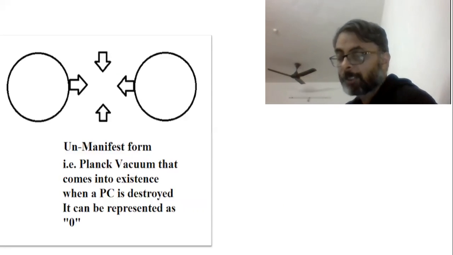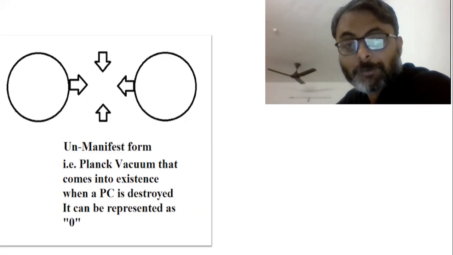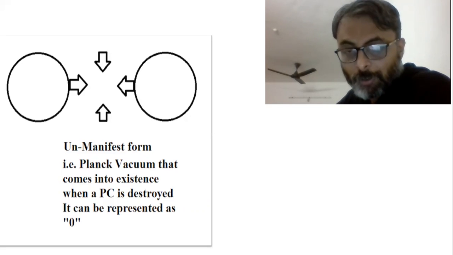That is one assumption. As soon as the Planck compartment in between them vanishes, the two will be pulled towards each other so that the PC vacuum is compensated. But you cannot compensate the PC vacuum by just shifting.